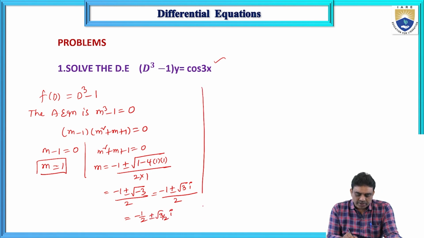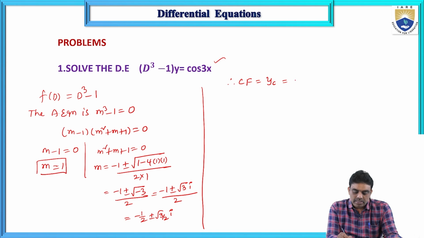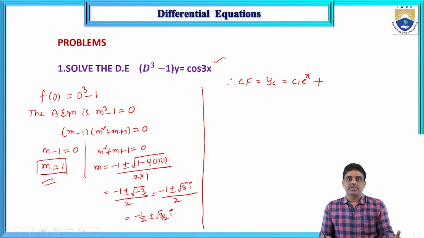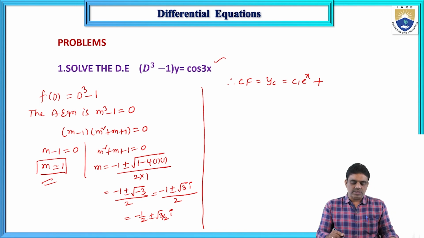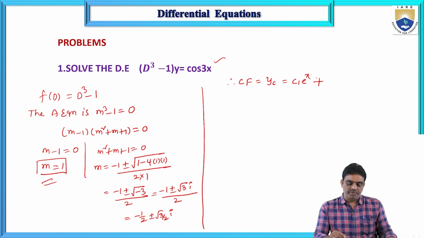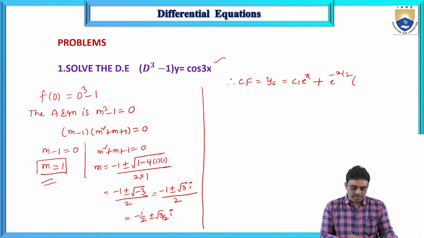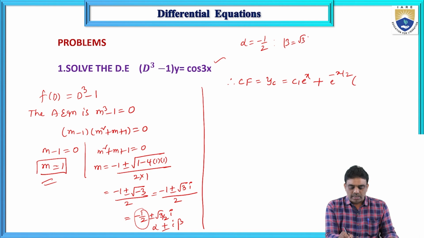So what is the complementary function here? Therefore, the complementary function yc is equal to c1 e power x for the real root, since 1 is a root of the equation. So c1 e power x for the first root. For the second root, the form is alpha plus or minus i beta. Here alpha is equal to minus 1 by 2 and beta is equal to root 3 by 2.